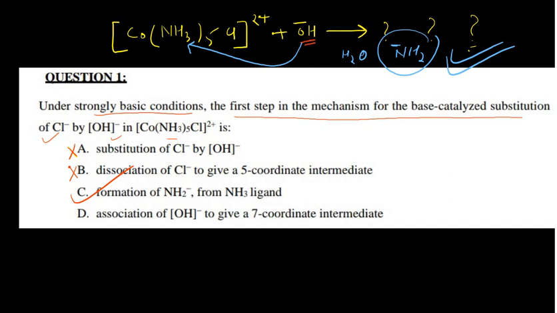So if you want, then you can write it in that manner: NH3 plus OH negative gives NH2 negative plus H2O.